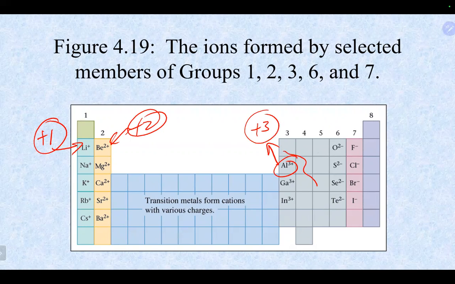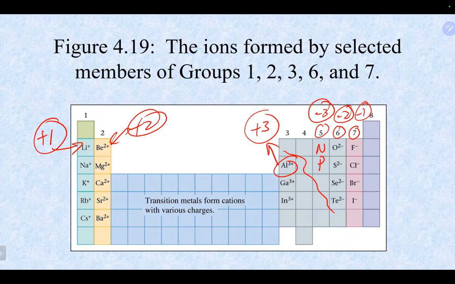Now there's that staircase that kind of comes down through here. So we actually skip group 4 and go to group 5. And group 5, we're talking about here are nonmetals like nitrogen and phosphorus. Those guys will make a minus 3 charge. Group 6 will be minus 2. Group 7 will be minus 1. So it goes like plus 1, plus 2, plus 3, skip, minus 3, minus 2, minus 1.